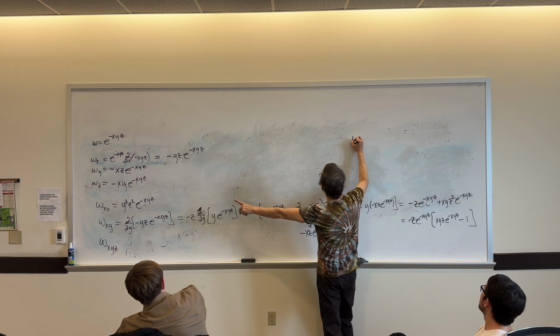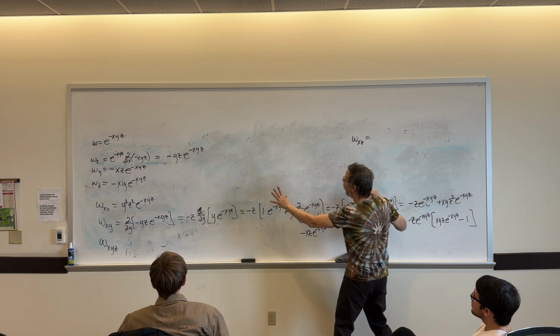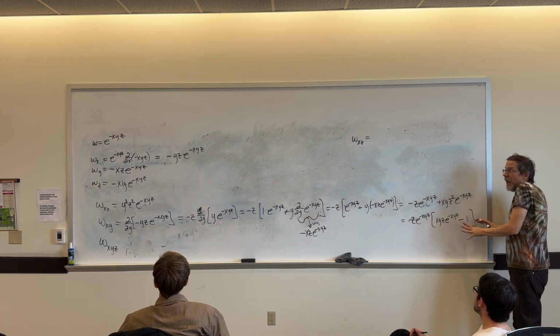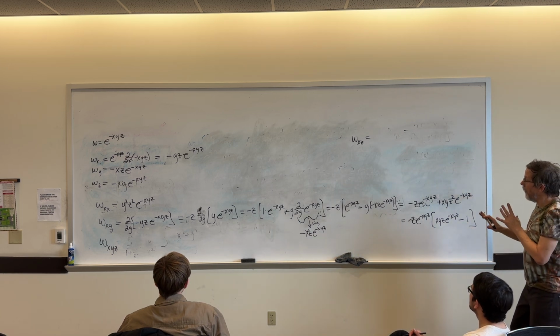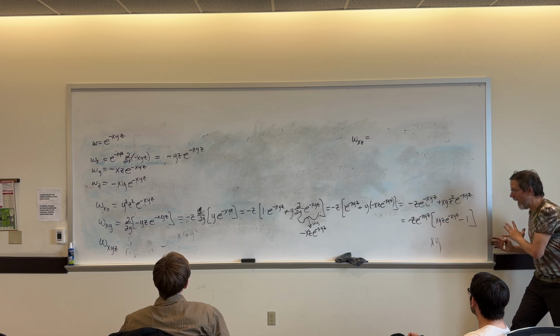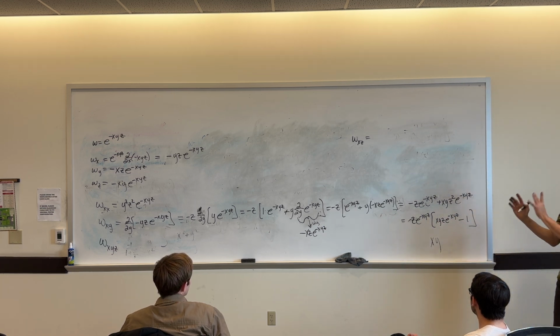So this was w sub xy. Looking at the form of this, thinking about symmetry, what might be a guess as to w sub xz? So this is w sub xy. Here, xy was the derivative, and this is what we got. What do you think the derivative of xz might be?